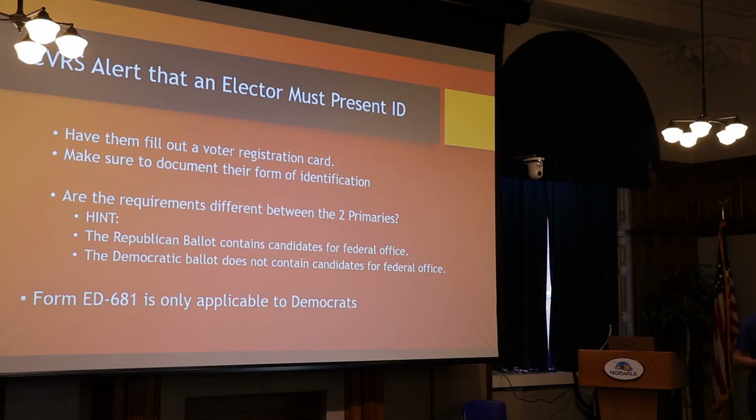So if I come in and claim that I'm Matthew Lane, but I forgot my wallet, normally I could fill out Form ED 681. Because the Republican ballot contains candidates for the federal office, you can't fill out that form. I bring it up in the assistant registrar's area because you're the ones that'll probably see this. The Democrats can use Form 681 because they don't have a contest at the federal level.